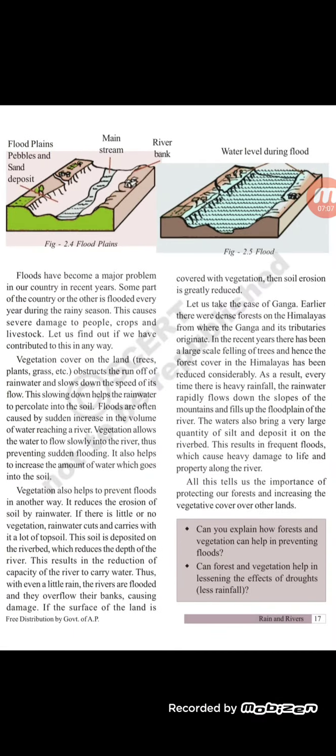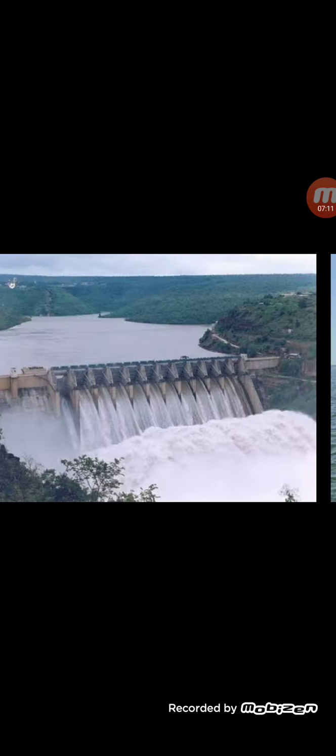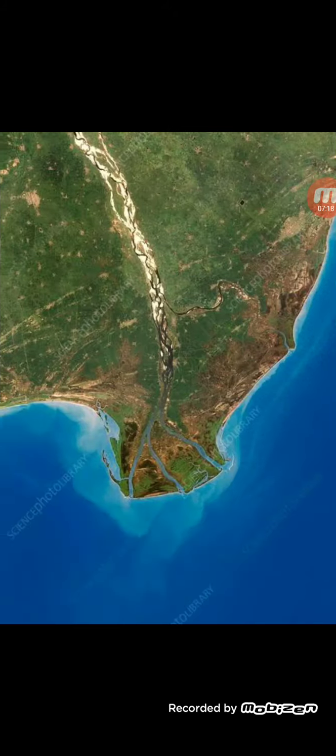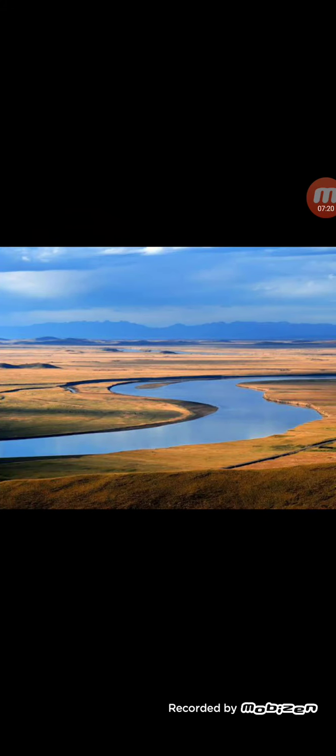I will show one clear picture about floodplain. This is floodplain.